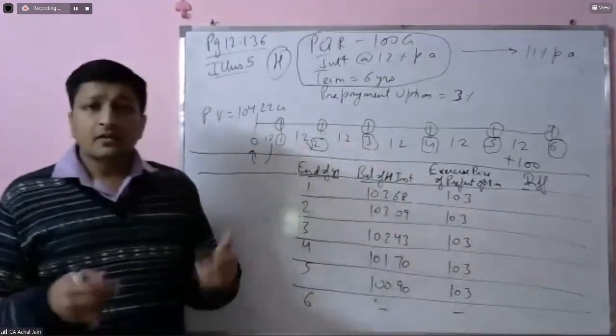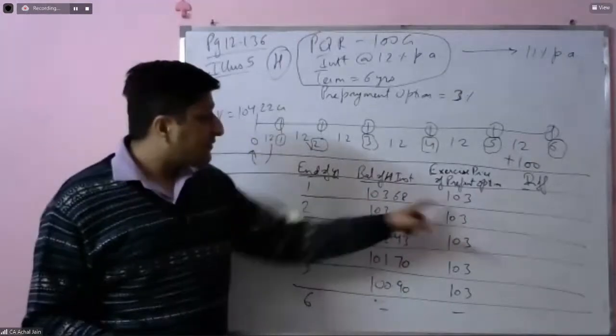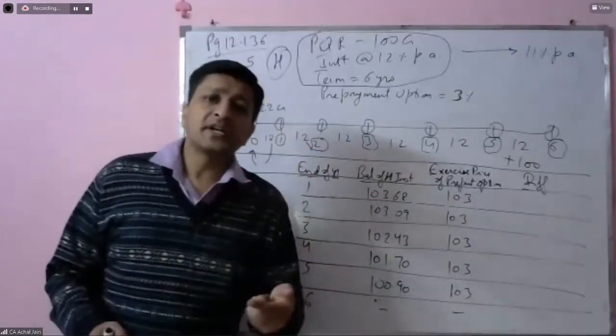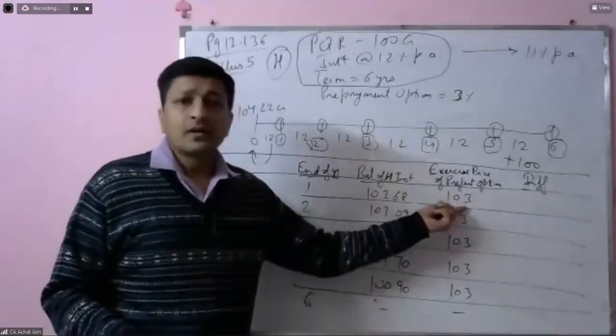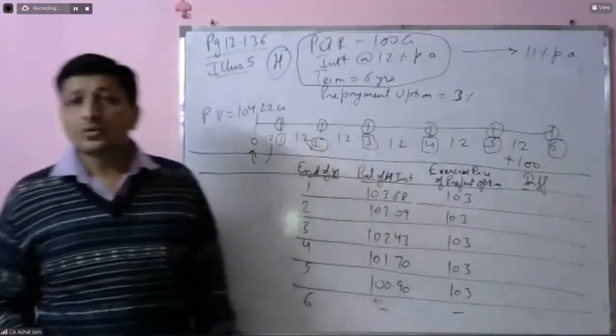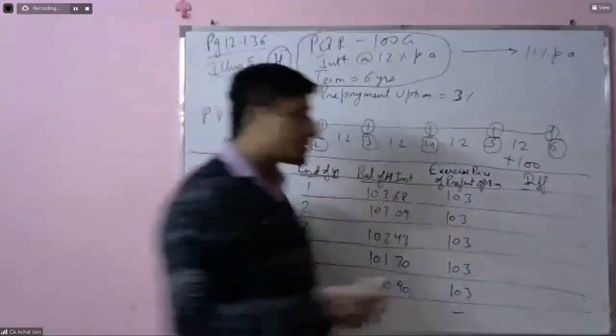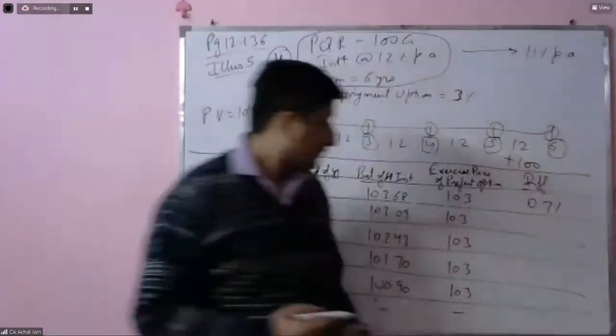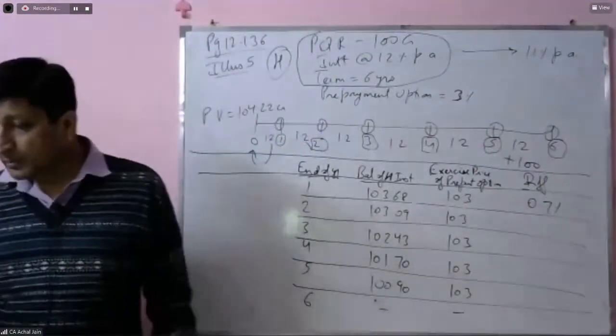What I've computed is the difference between these two is 3.68. What's the percentage of this over 103? This comes out to 0.67, or we can just say 0.7%. In the second case, can you compute this?